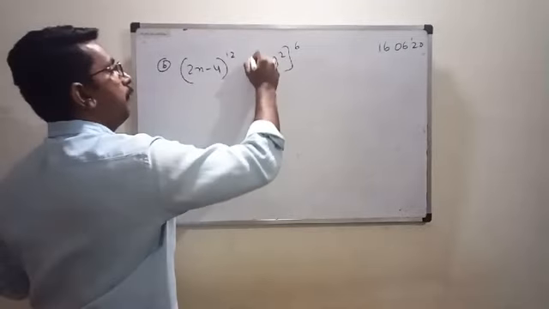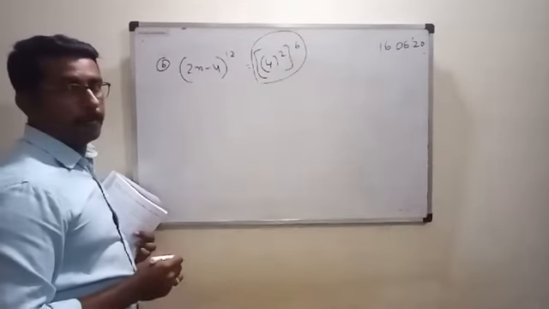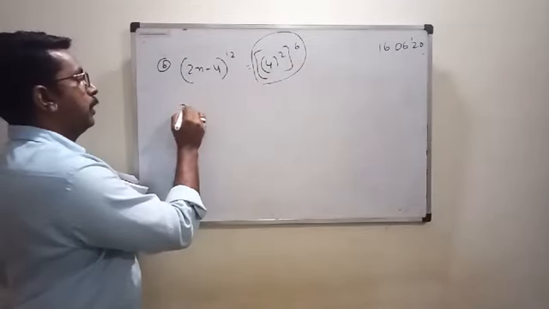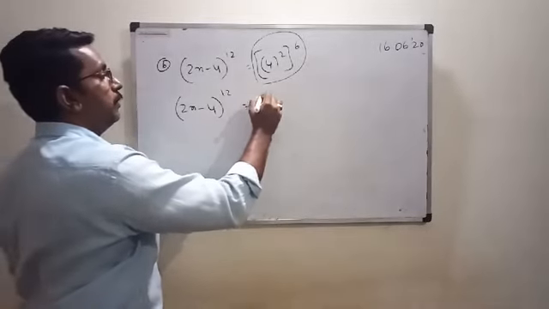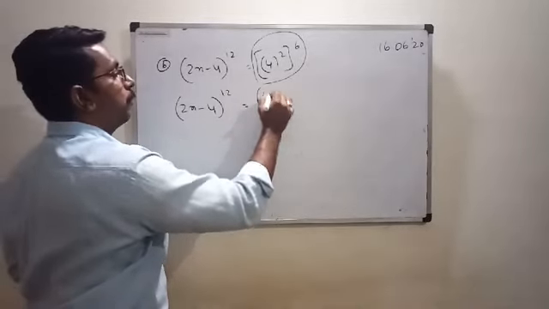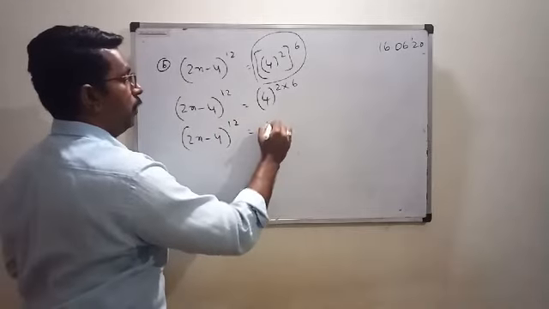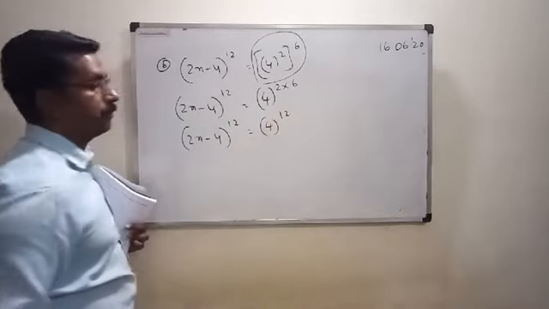Here you see, we can apply the power law, isn't it? So 2x minus 4 to the power 12 is equal to 4 to the power 2 into 6. 2x minus 4 to the power 12 is equal to 4 to the power 12.